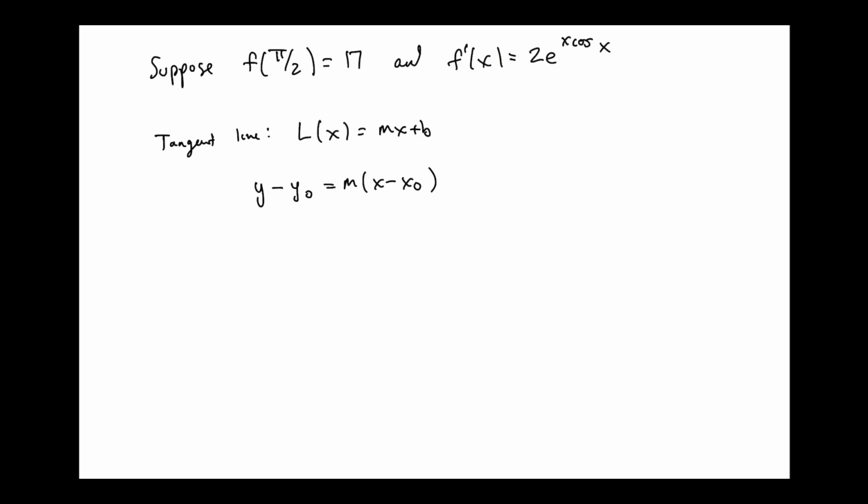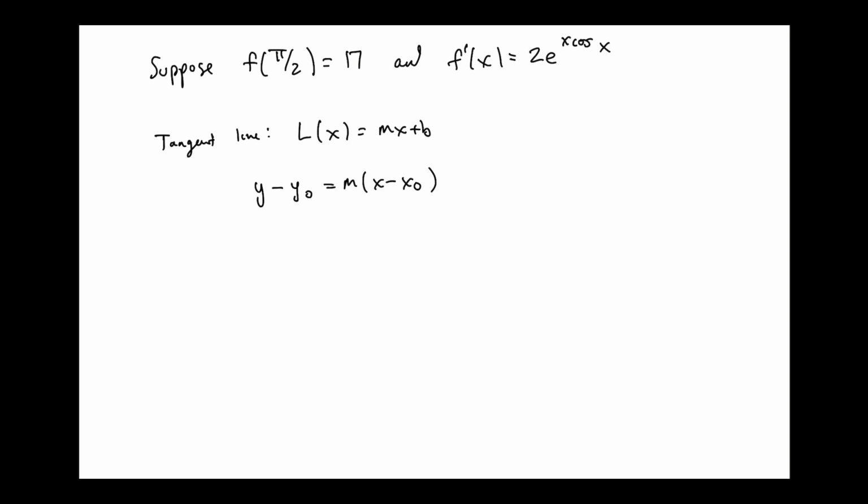Okay, starting in point-slope form. Okay, so what gives us the coordinates of the point? Well, what are the coordinates of the point that I'm interested in here? What's the x coordinate? Pi over 2, and what's the y coordinate? 17. Great, and those numbers are just made up, right?